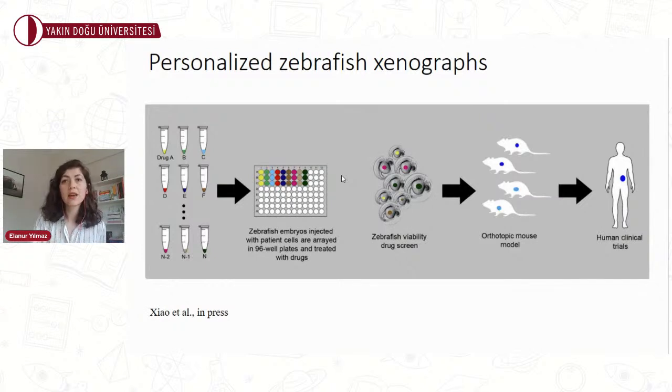So the tumor cell behaviors, including proliferation, angiogenesis, migration, and metastasis, are evaluated over a 3 to 5 day period, which is very fast compared with the methods that we have now.